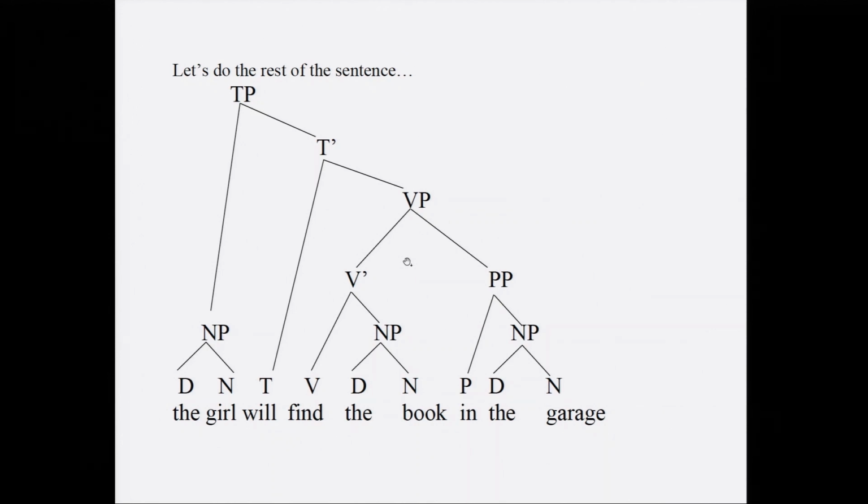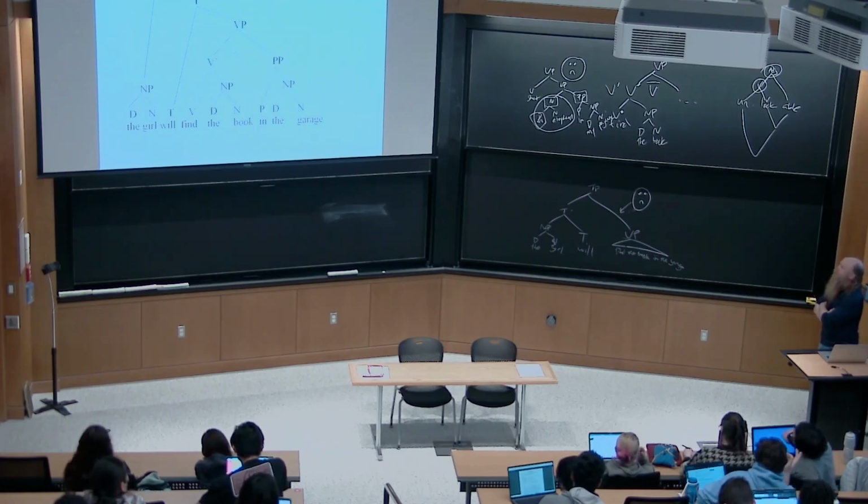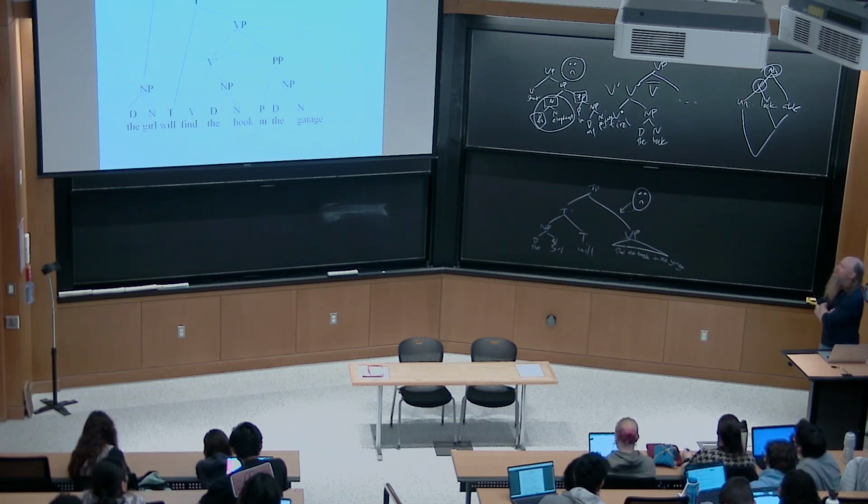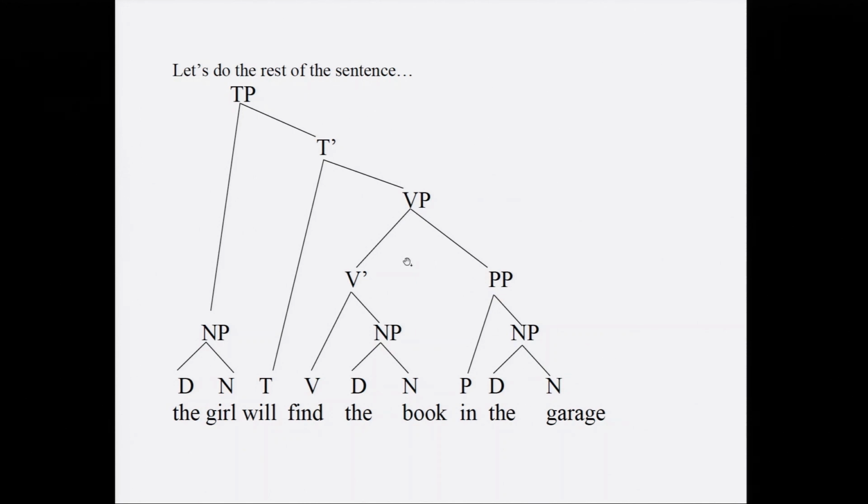First of all, if we tried to use topicalization, which is the test that we had before, on the tree here and we tried to topicalize T bar, we'd end up with, I said the girl would find the book in the garage, and will find the book in the garage, the girl.